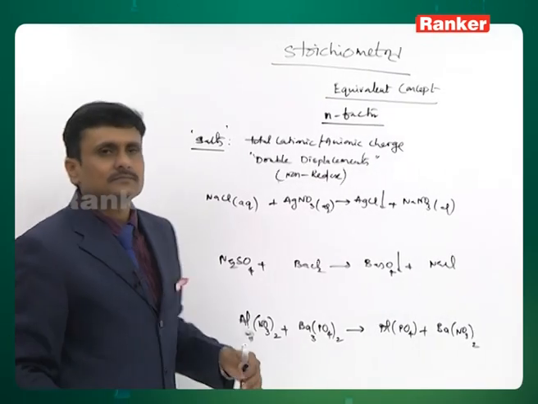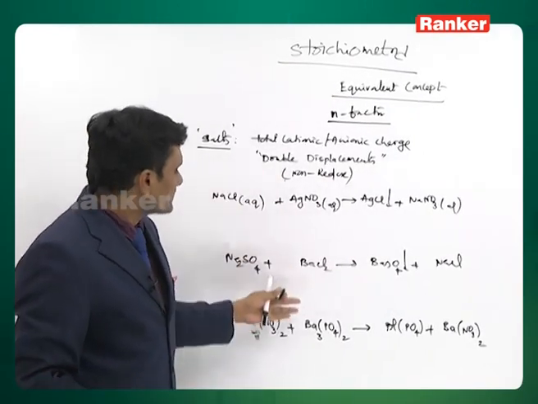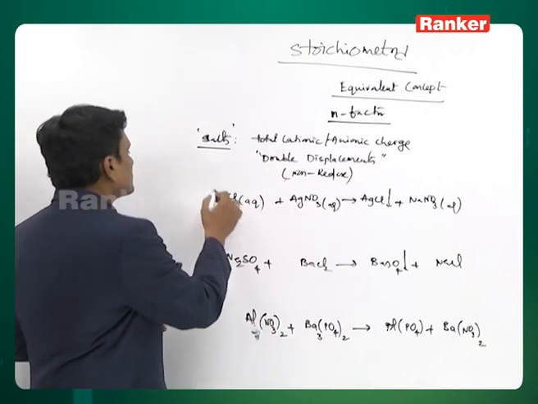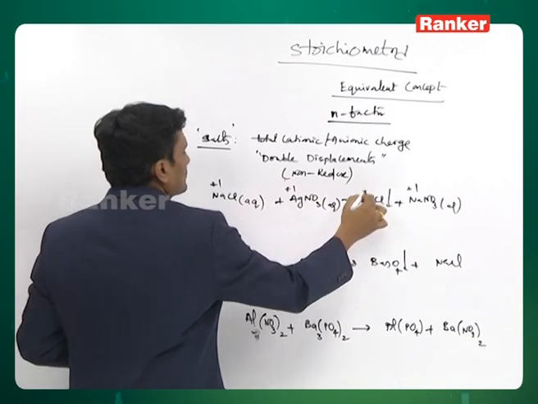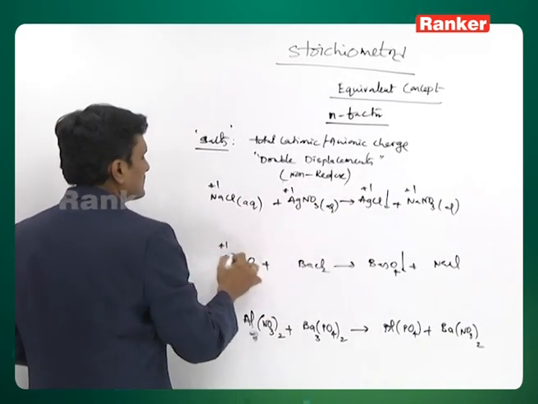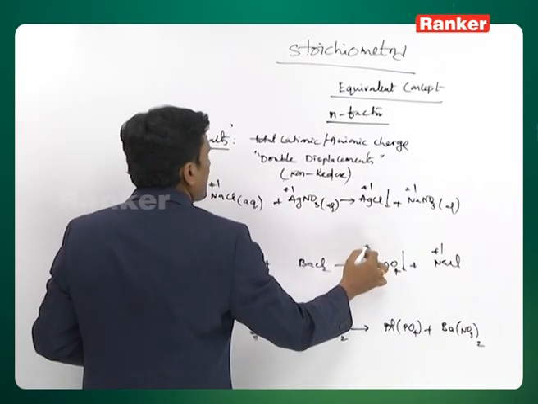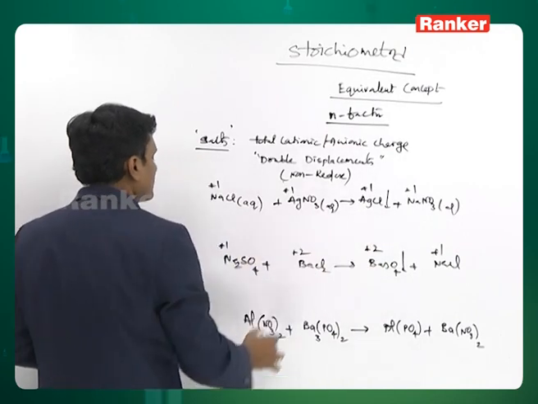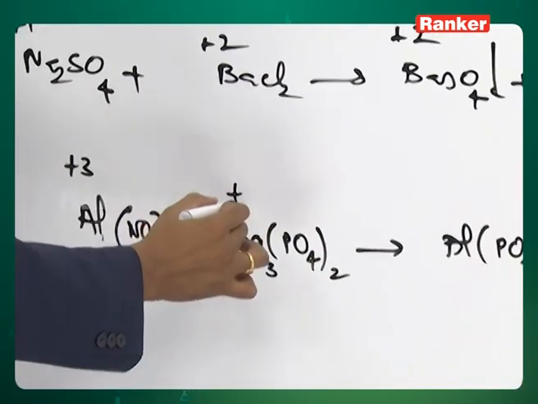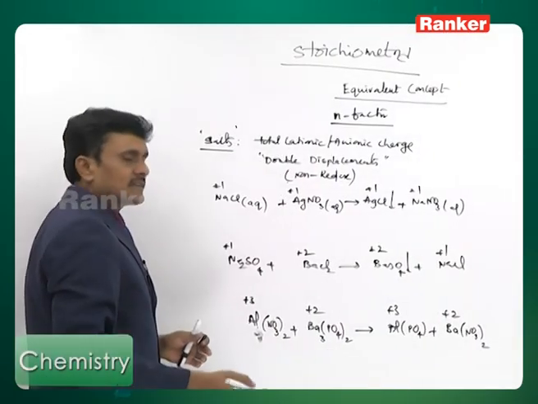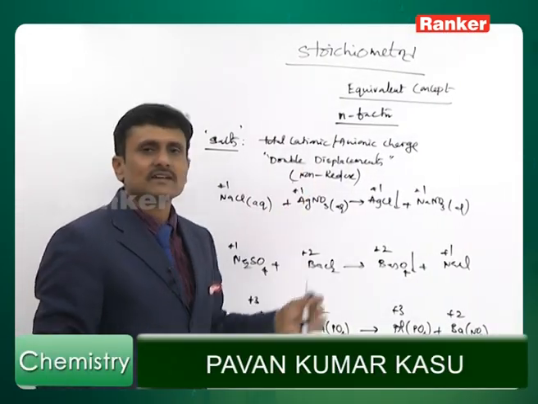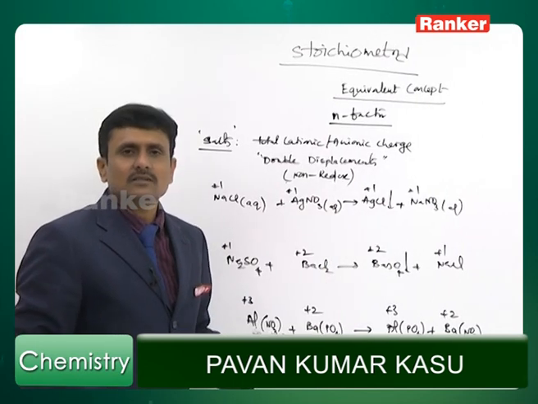So, in this case, as we have defined, you could see clearly that there is no change in the oxidation state of any element or the major element in these reactions. So, just the cation anion interchange has taken place. So, therefore, these reactions are double displacement reactions which usually occur in water.